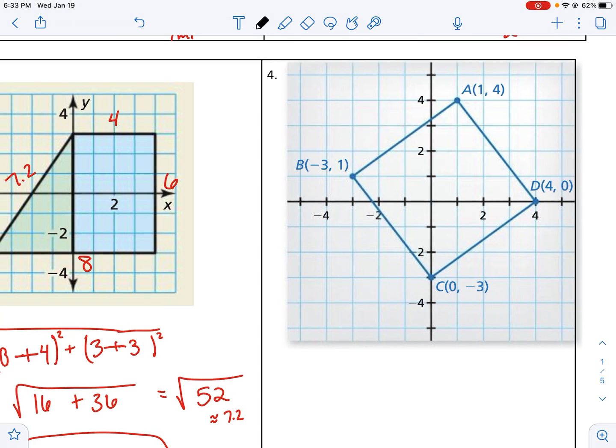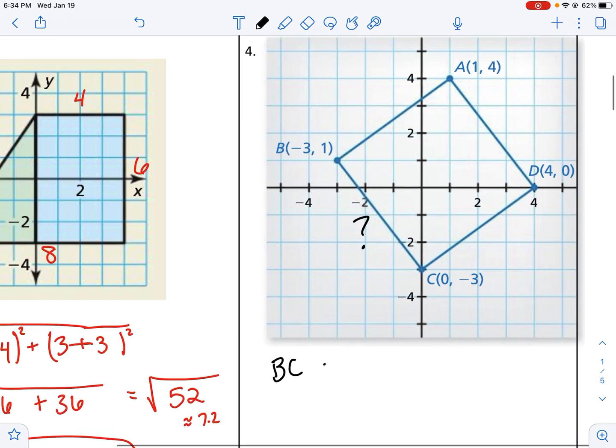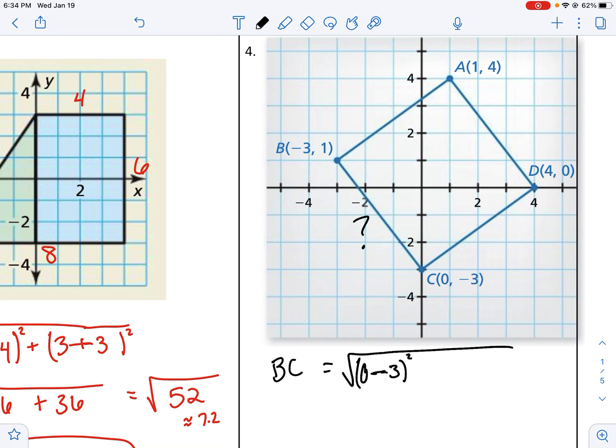Alright, so I'll just show one example. I'll show BC, that segment length BC. It would be the distance between (0, -3) and (-3, 1). So maybe it's 0 minus -3 squared and -3 minus 1 squared. Of course, you could have switched those.